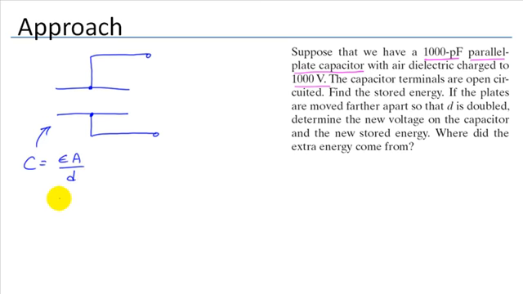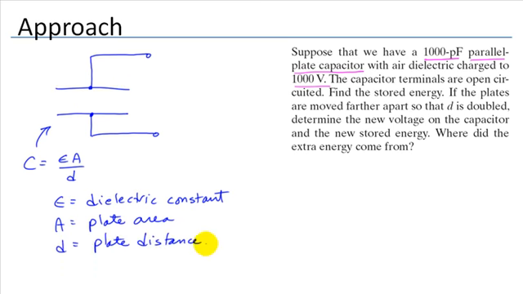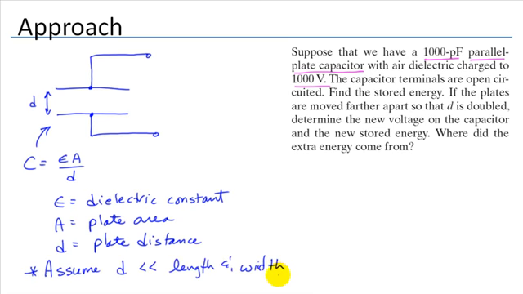Its capacitance is given by the expression that includes the dielectric constant associated with air, the plate area of the capacitor, and then the distance separating the two plates, and that's the value d. To invoke this equation properly, we need to assume that the distance is substantially less than the length and the width of the plates.